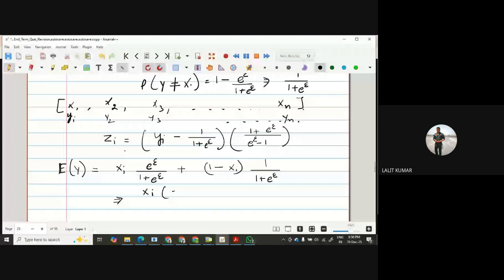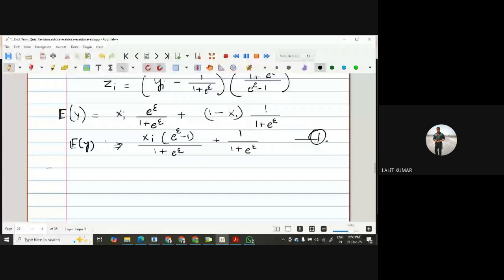If we do this, we can take xi common, this will become e to power epsilon minus 1 over 1 plus e to power epsilon, and the next term will become e to power epsilon over 1 plus e to power epsilon. This is your expected of y.